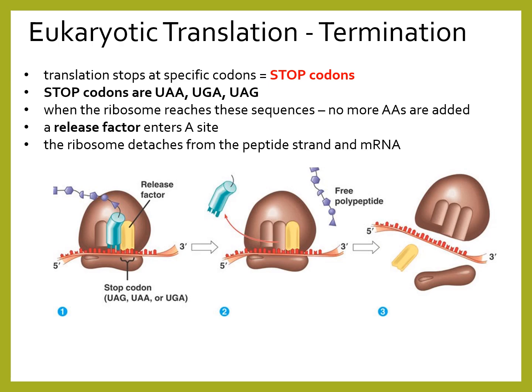Now, before we leave this slide, I'm going to tell you something really, really important. When you are translating these either on practice exams or quizzes or even on your actual exam that I will give you, if you write start when you see the AUG, the very first AUG, I will take a half a point off. There is no such amino acid as start.